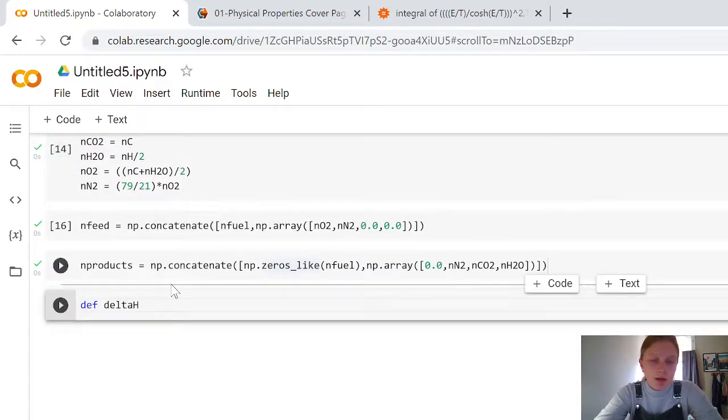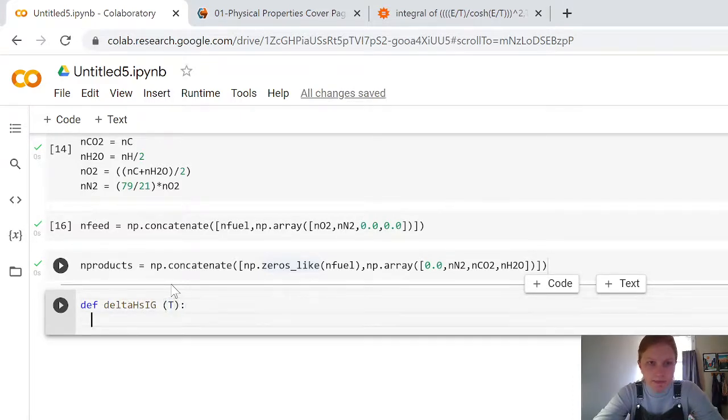Okay, so we're going to define a function called delta heat formation of an ideal gas at our temperature, and we want it to return our ChemCAD equation with the specific properties from our toolbox.